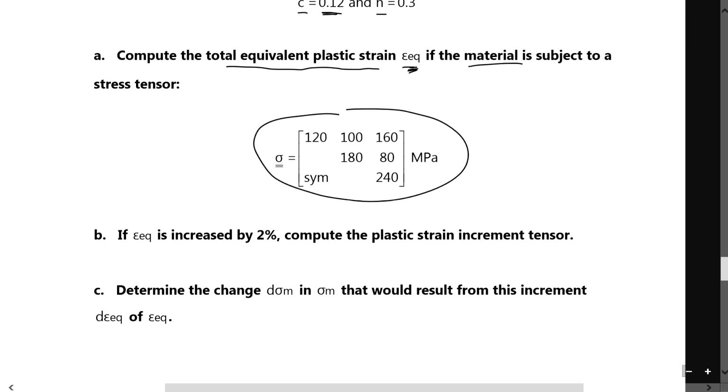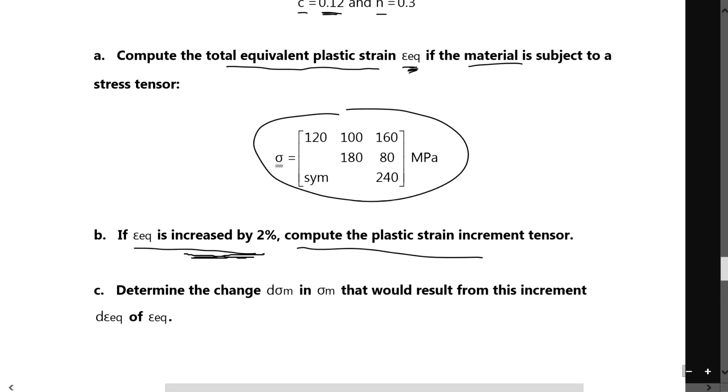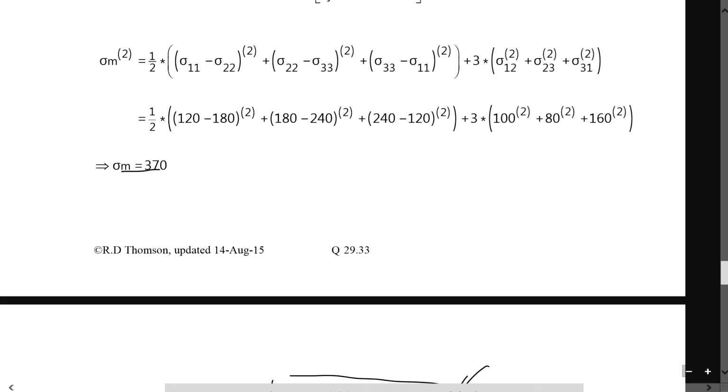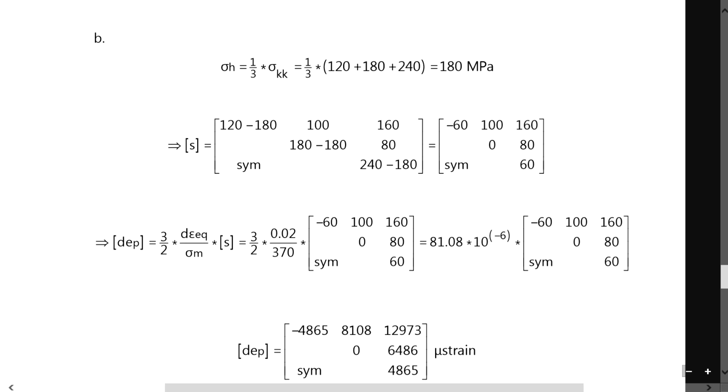So now the next question. If this one is increased by 2%, compute the plastic strain increment tensor. You see the language where it talks about the increase by 2%, where your equivalent strain increased by 2%. You know that you're going to use the equation that we have seen earlier, which is this one.